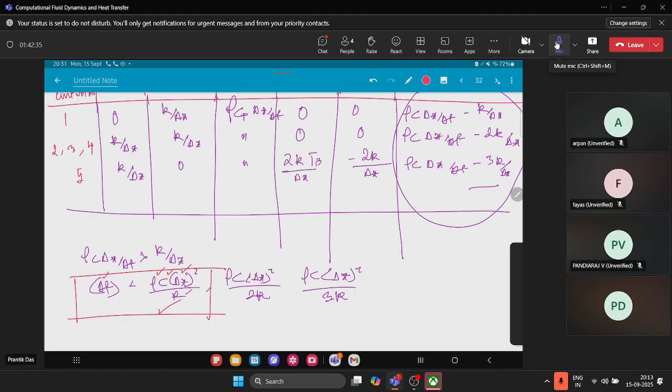If delta t is greater than this, you don't have to do the simulation itself. You throw an error. You say that you should take delta t to be less so that this condition is satisfied. So before doing the simulation itself, you know whether it is going to become unstable or not. This way of approach becomes much more handy when you are dealing with this kind of thing. Okay. So is it clear to all of you?